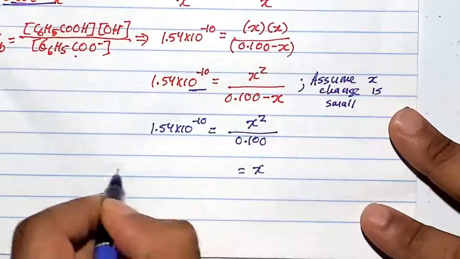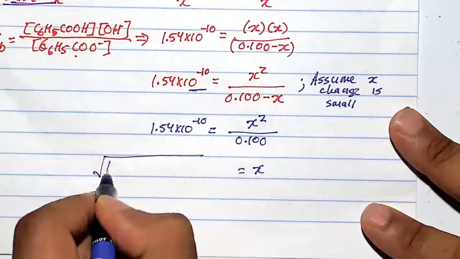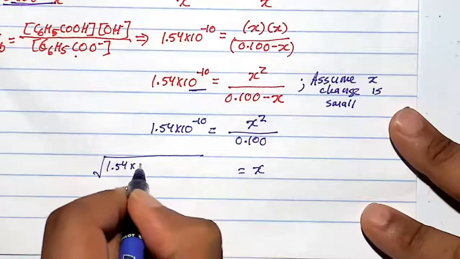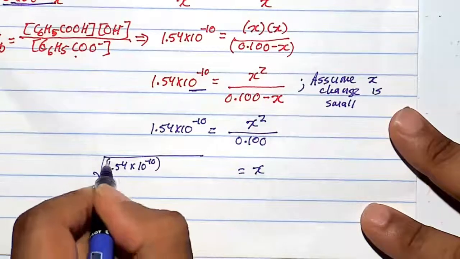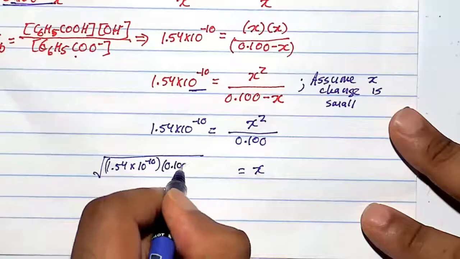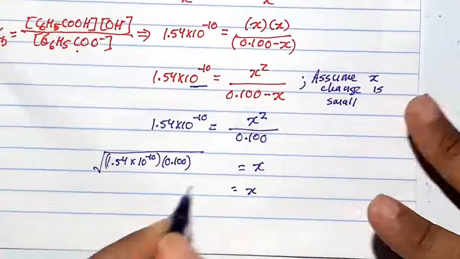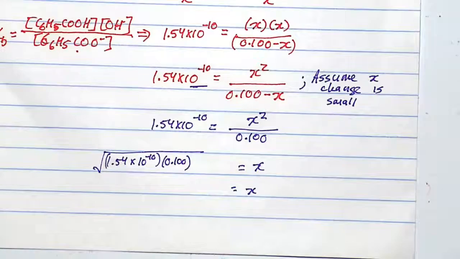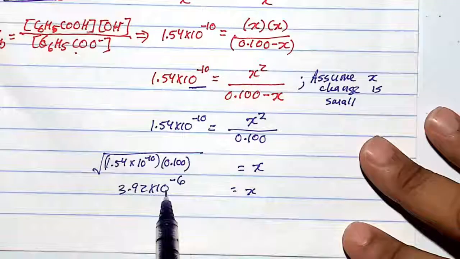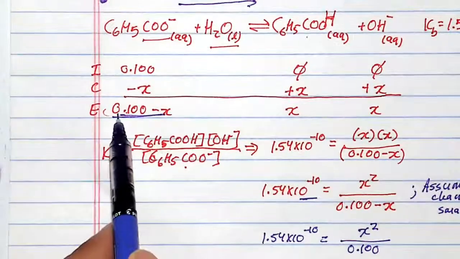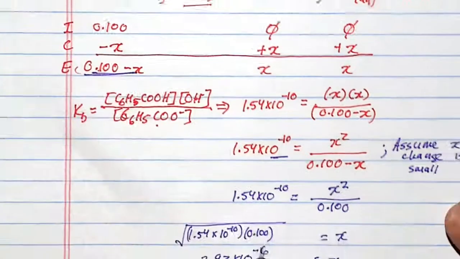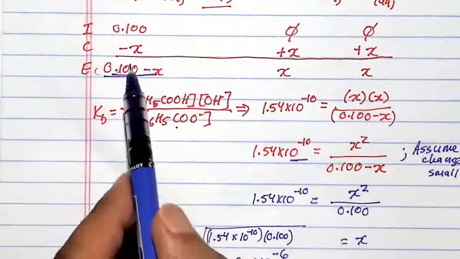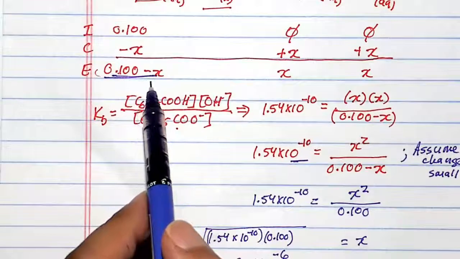Change in x is going to be the square root of 1.54 times 10 to the minus 10 times 0.100. And if you do that on your calculator, you get 3.92 times 10 to the minus 6. 0.100 minus 3.92 times 10 to the minus 6 is still going to be 0.100.